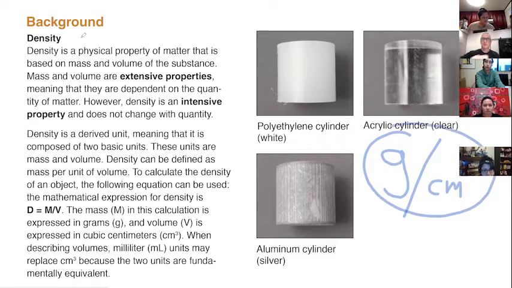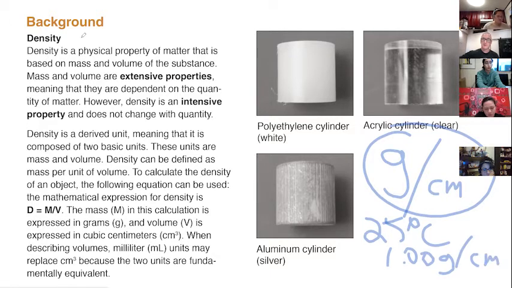One gram per cubic centimeter. That's right, exactly. At 25 degrees Celsius, the density of water is 1.00 grams per cubic centimeter.